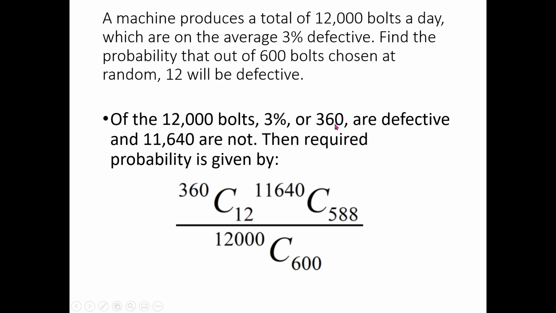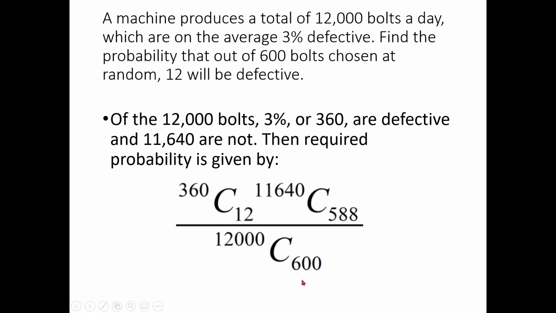So that means how many are expected to be defective. There are 360 total defective, but if we select out of these 12,000, out of the 600, 12 are defective. So the total are 600 that we are selecting. So 12,000 C 600 represents all possible ways in which we can select 600 bolts.